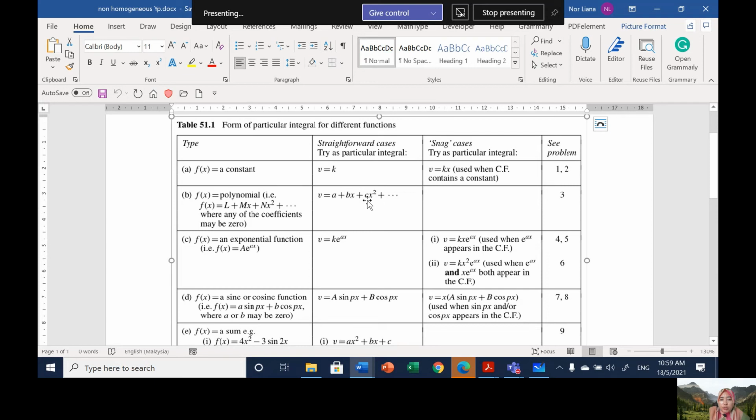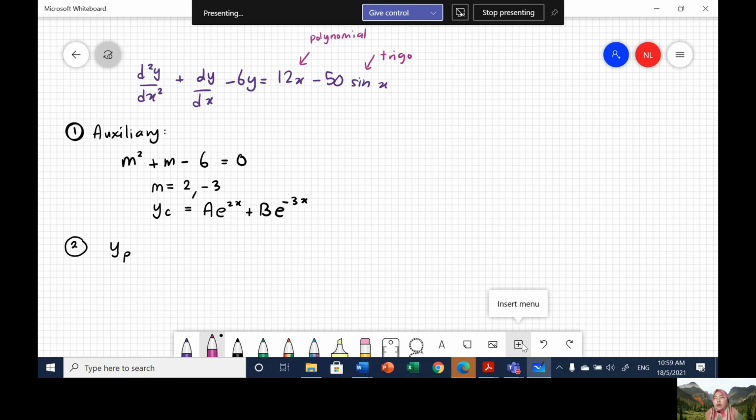We don't use cx squared because this polynomial is not degree 2, it is degree 1. So we just use a plus bx, but I'm not going to use a and b, I will choose a different symbol. So our yp for the polynomial, we say c plus dx.